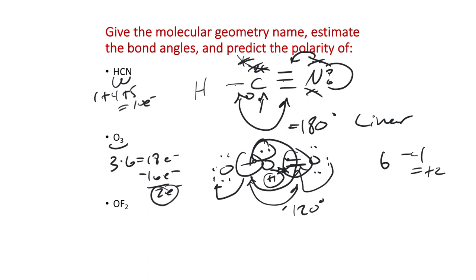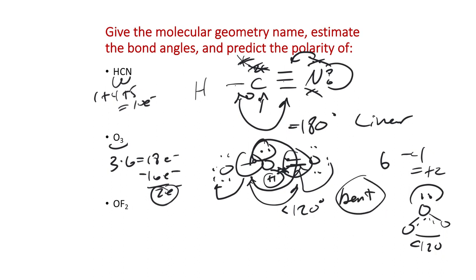Lone pair repulsions, even a little less than 120. So I could resketch this and show that this should be closer to 120, and with lone pair repulsions, a little less than 120. And so this would be bent. Anytime we have 3 atoms, it's either linear or bent. In this case, definitely not linear, so this would be bent.